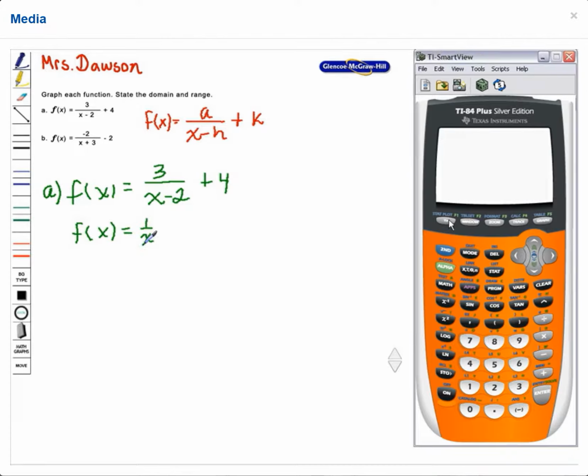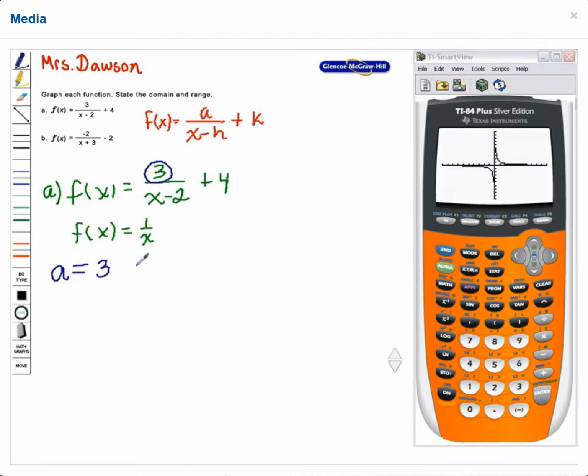Let's take a look at 1 over x, and we'll look at a standard window. So you can see the graph of 1 over x. Investigating each one of these numbers, we'll see what happens. So in this example, a is equal to 3.